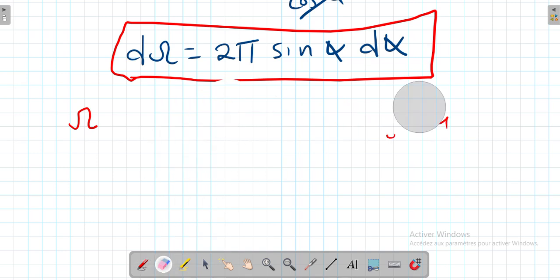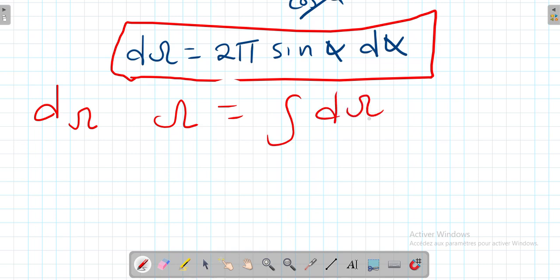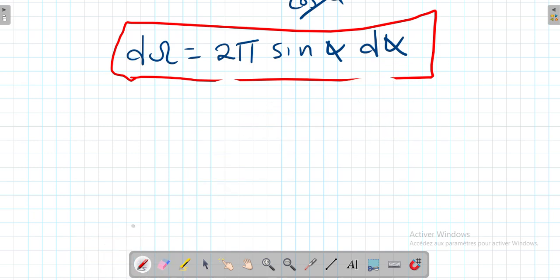For us to find a smaller thing, we differentiate. For us to find the entire thing, we just integrate the differentiation of the omega. So once you find this expression, you're also going to learn something. So to find omega now, that's the next question. You're just going to integrate d omega.